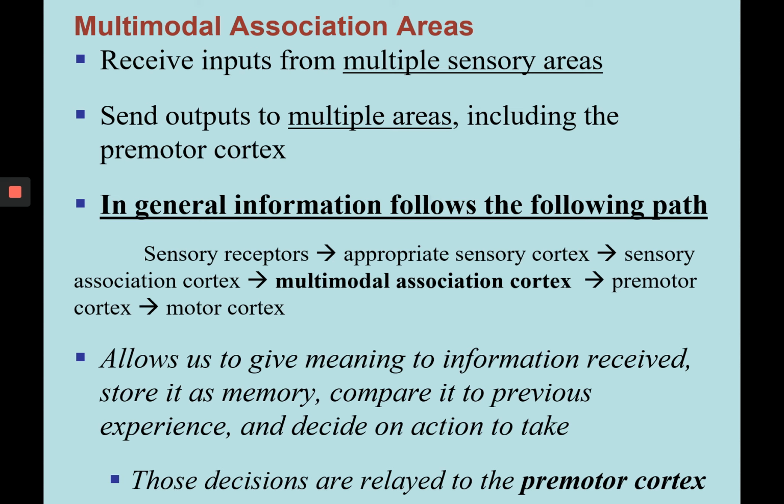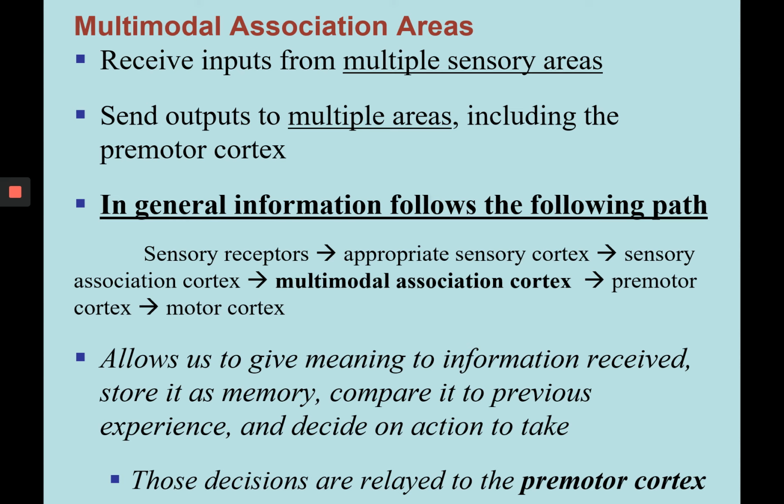That appropriate sensory signal will go to its appropriate sensory cortex. So if it's a sensory stimulus dealing with taste, it's not going to go to the cortex for hearing. It's going to go to its right sensory cortex. It'll go from the primary sensory cortex to its association cortex. So first the brain receives raw data, and then it integrates the information. From the sensory association cortex, next we'll send multiple sensory inputs to the multimodal association cortex. So let's take a break there.